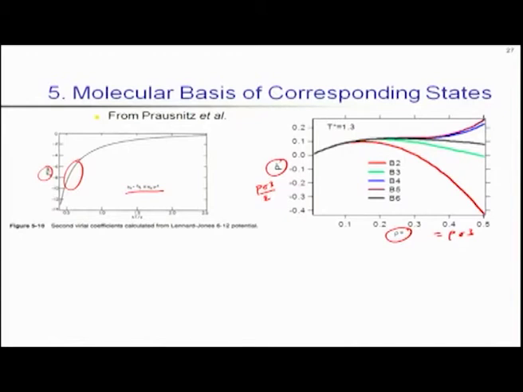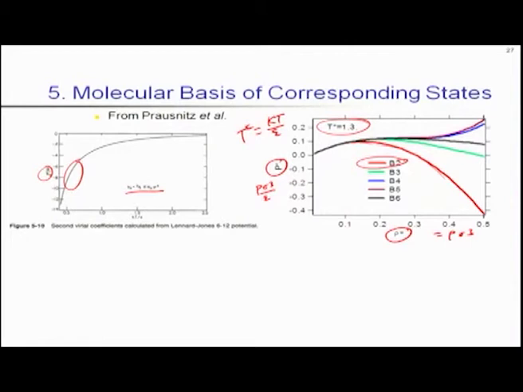If you include only Virial coefficient 2 in the equation of state, you can see the pressure increases and then decreases. This is at reduced temperature kT by epsilon, T star, of 1.3, which is very close to its critical point.